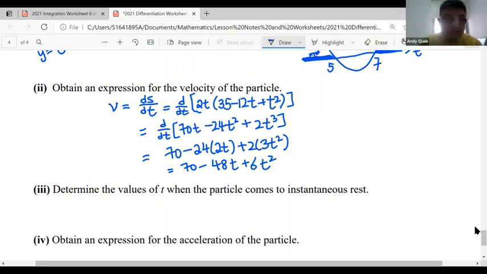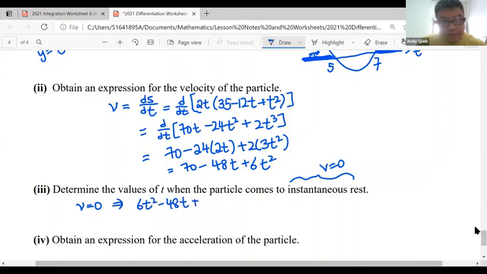Okay, determine the values of t when the particle comes to instantaneous rest. So when it comes to instantaneous rest, we are talking about velocity equals 0. So if you set v equals 0, you are looking at this. Let's simplify this a little.